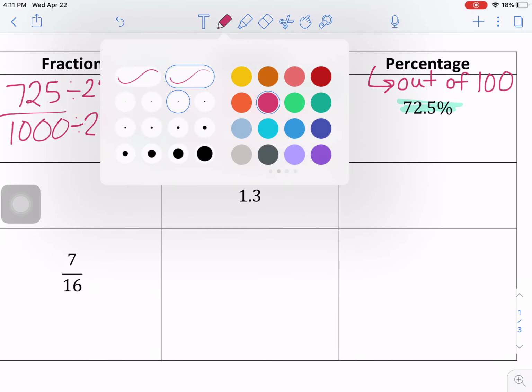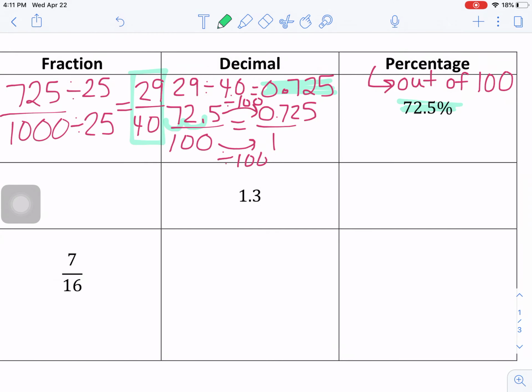The next example gives us 1.3 as our decimal. This is actually more than a whole, because remember that 1.3 is out of one whole. To get the percentage, we have to multiply top and bottom by 100, because we know percentage means out of 100.